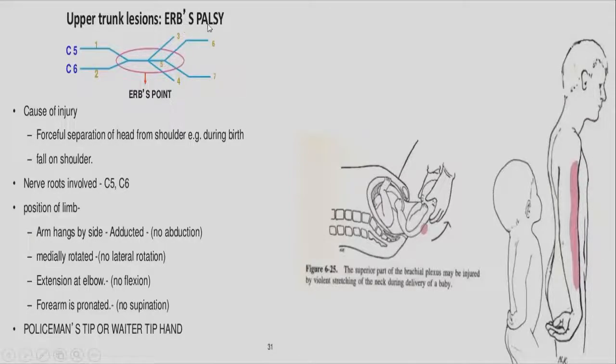So like I said, Erb's palsy is a condition that occurs when you damage the Erb's point. Mostly, when you look at the cause of this injury, it happens when there's forceful separation of the head from the shoulder during delivery. As the baby is coming out, especially when the child is big, you need to give assistance, at least help the child come out by pulling.